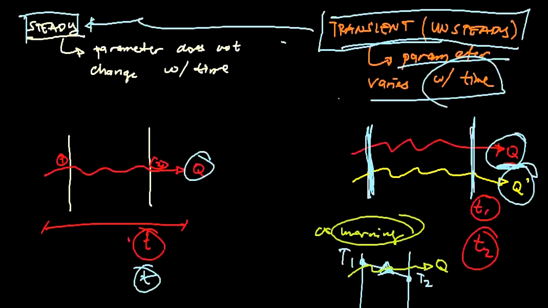So in nature, we have a transient or unsteady condition because our parameter really varies with time. But for some simplifications and to simplify our mathematics better, we can now consider our condition as steady state.